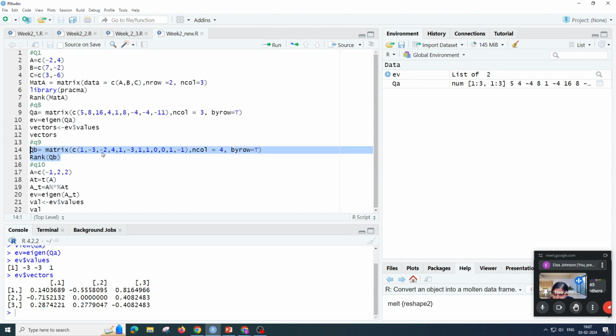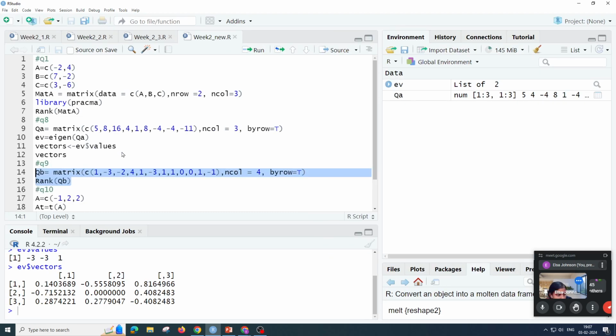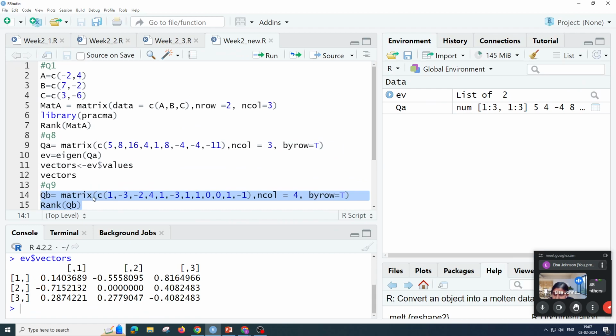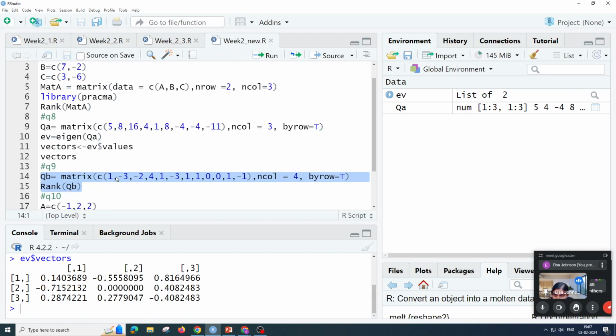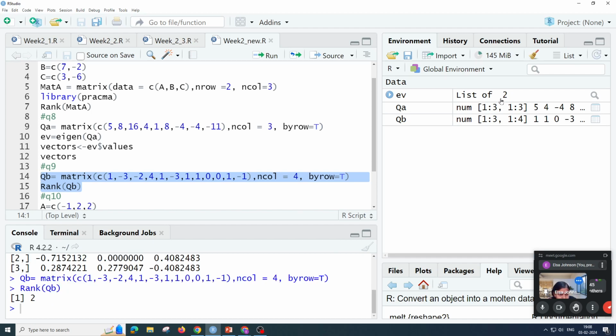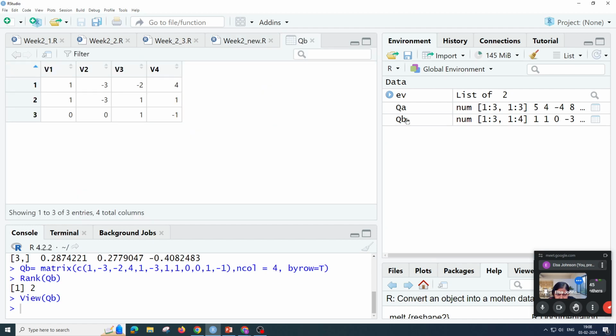1 minus 3 minus 2, 4, 1, and let me increase the size. C equal to 1 minus 3 minus 2, 4, 1 minus 3, 1, 1, 0, and 0, 1 minus 1. So this is our matrix. If I run this one, I have named it as QB.